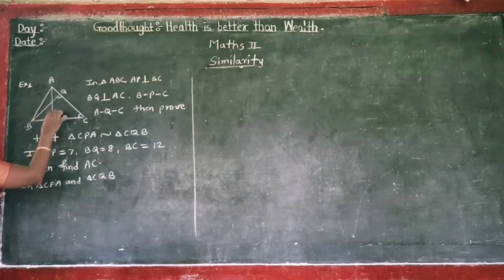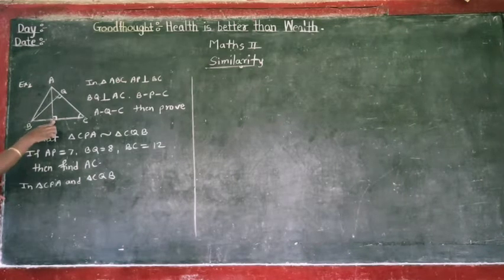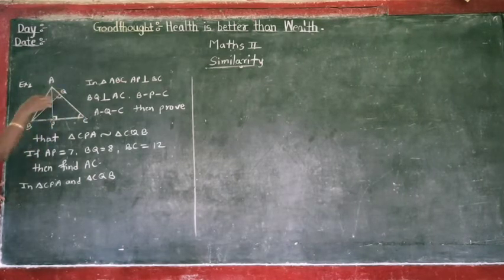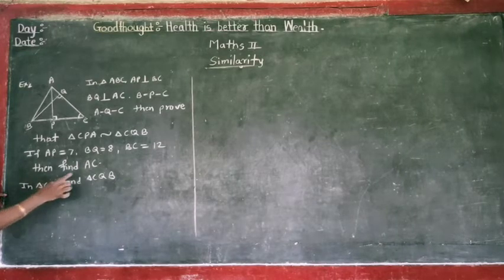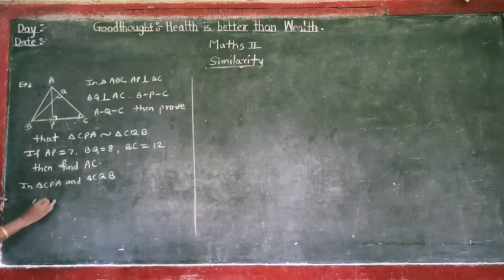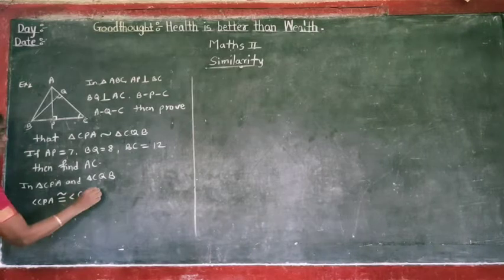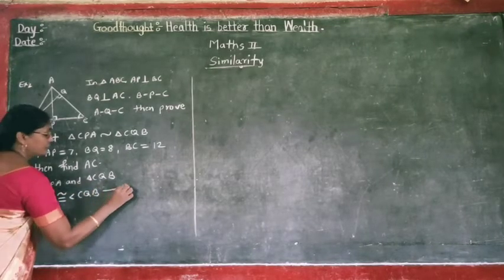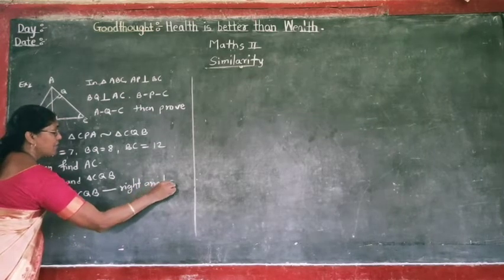And angle P of triangle CPA is a right angle, and angle Q of triangle CQB is a right angle. That means angle CQB and angle CPA are congruent. In triangle CPA and triangle CQB, angle CPA is congruent with angle CQB. These are right angles, hence they are congruent.